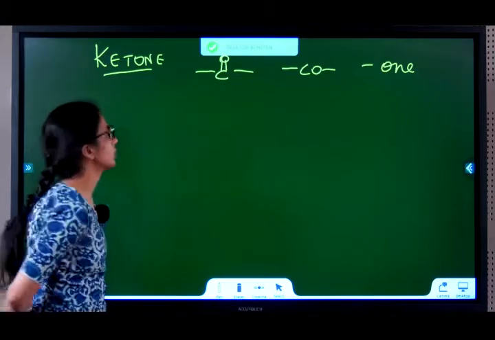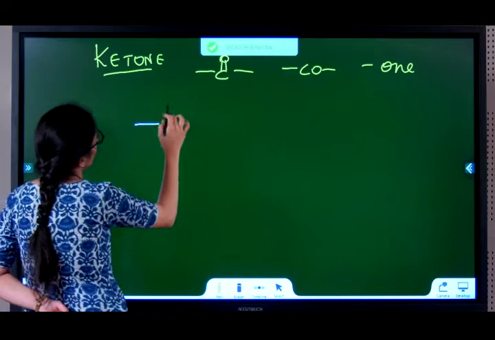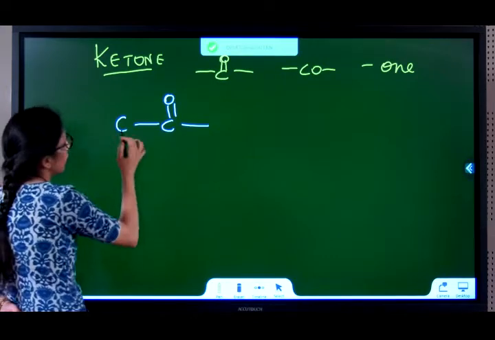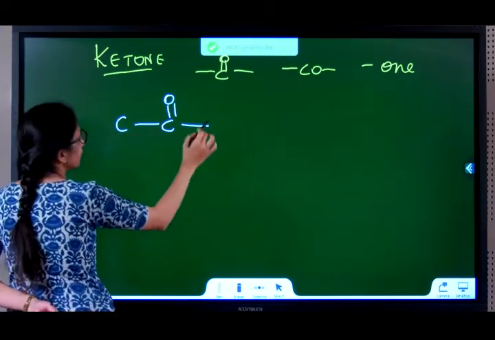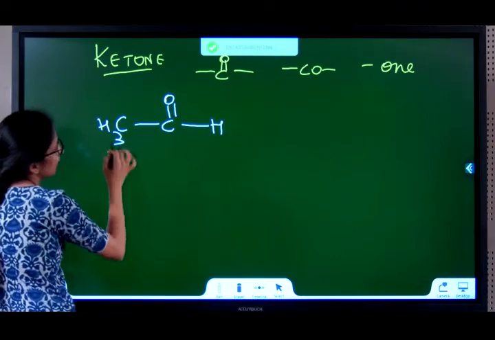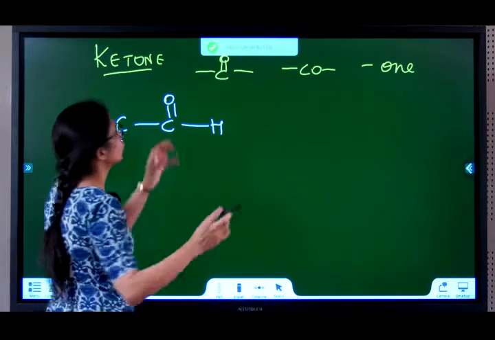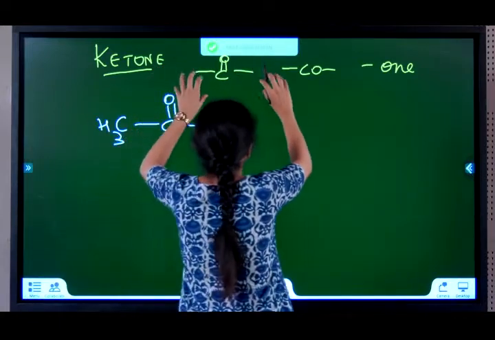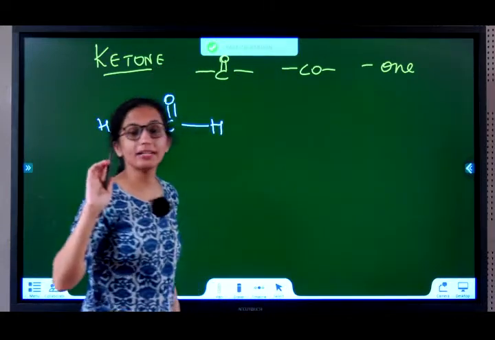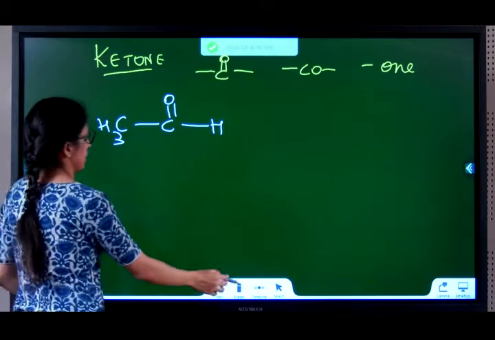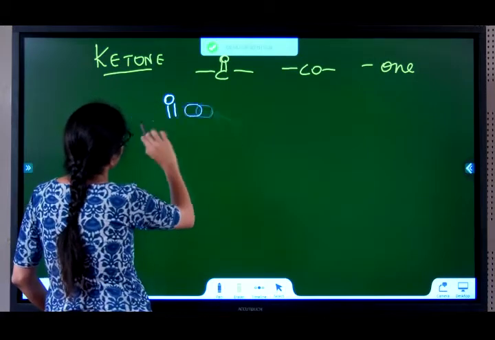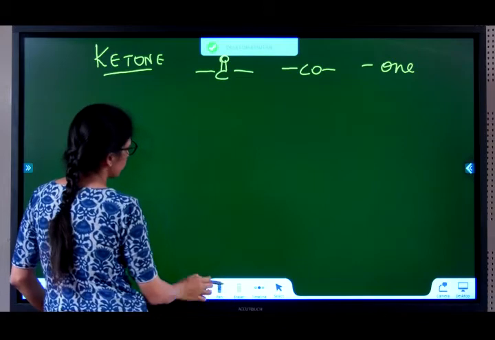Now the next question is, what if I add one C? Okay, try and add. If I add one C, then the other one is H, CH3. This becomes ethanol. Again, invalid. So you cannot add H anywhere. At both the places you are supposed to add carbon chains only, carbon groups only.